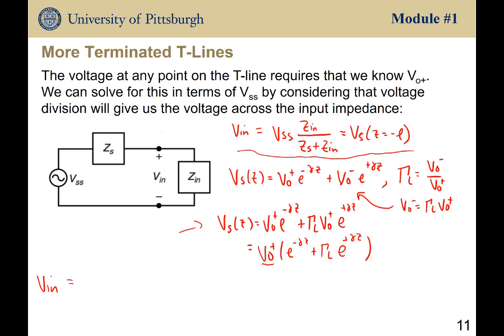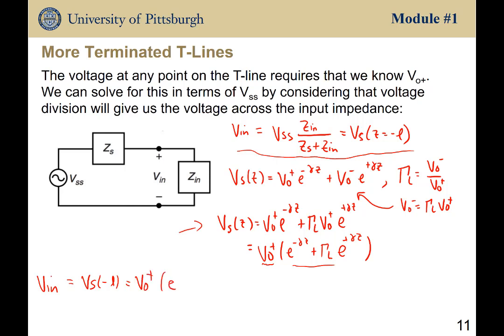Well, I have that equation for Vs of Z for any distance, so I'm going to put negative L in there. So Vs of negative L, and I'm going to use this equation right here, and I'm going to get V0 plus.